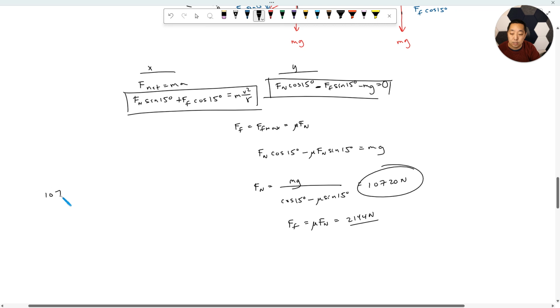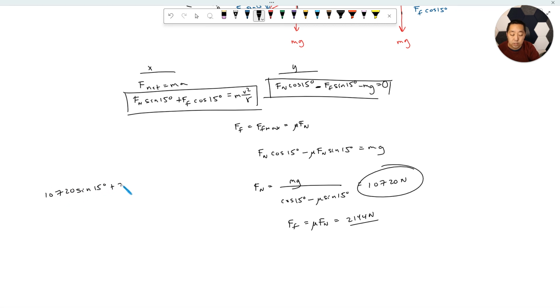So we're going to get 10,720 sine 15 degrees plus 2144 cosine 15 degrees equals 1,000 kilograms, m, v squared over r of 100. And you could solve for v at this point. Okay, so that times sine of 15 plus this number times cosine of 15, and let's take the square root, is 22 meters per second.